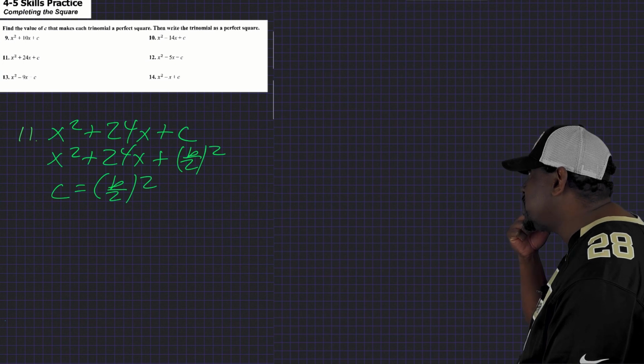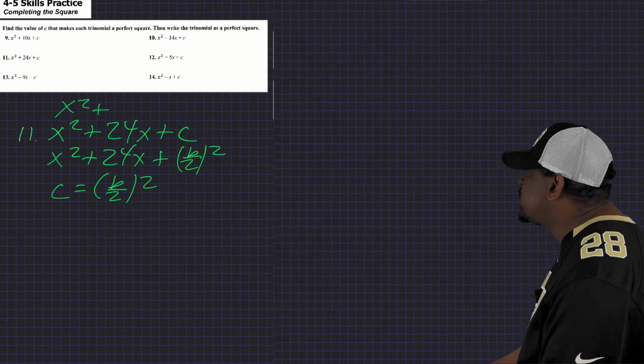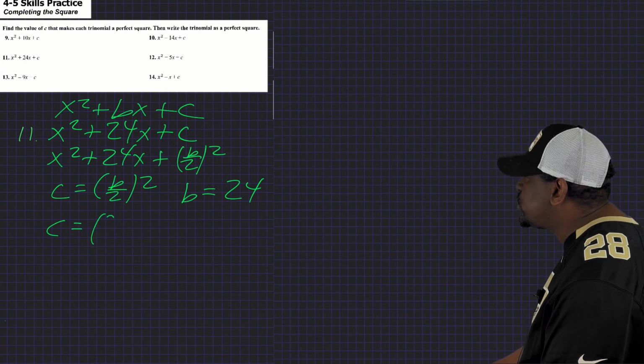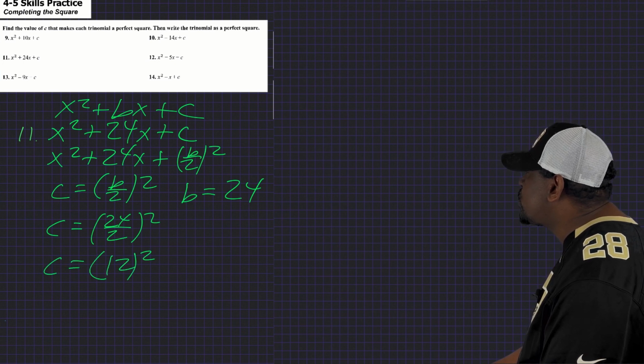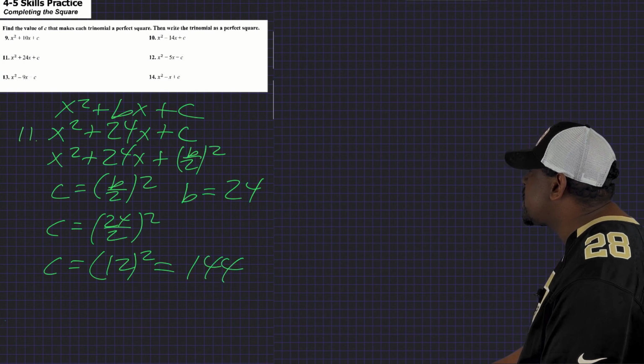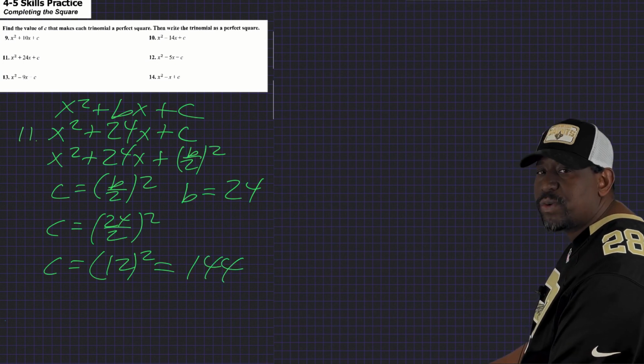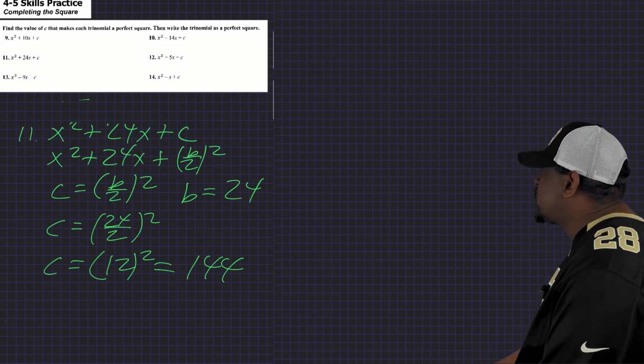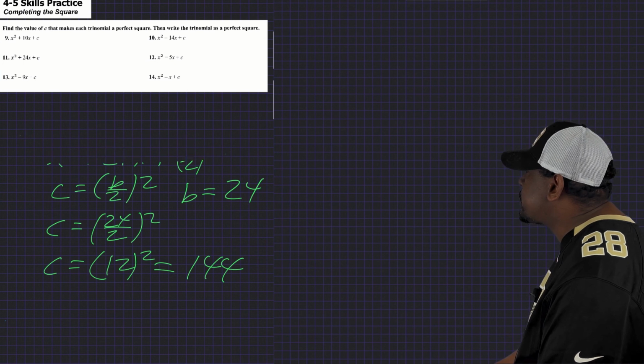We will pull out the b term, and b in this case will be equal to whatever is multiplied by x. So in this case, b is 24. So we substitute 24 in to find c. 24 over 2 squared is going to be c. 24 divided by 2 is 12, so 12 squared is going to be c, and that's equal to 144, since 12 squared is 12 times 12.